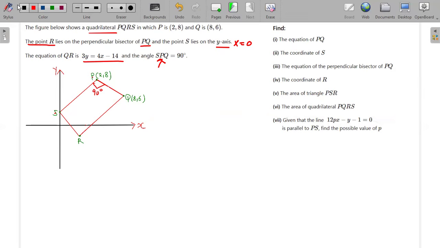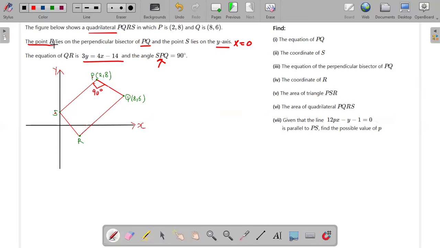The other thing we were told is that the point R, which you can see down there, lies on the perpendicular bisector of PQ. Where is PQ? It's this line segment here, there's P, there's Q. So the perpendicular bisector of this line will pass through R. Remember, the perpendicular bisector will pass through the midpoint of a line segment.